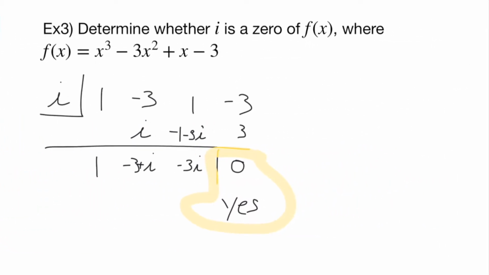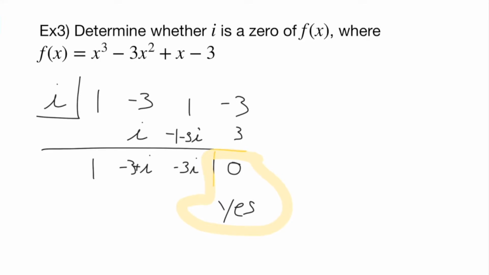Determine whether the imaginary number i is a 0 of f of x. This synthetic substitution works along the complex numbers also. Check it out. It's the same process. Don't freeze up just because you see an imaginary number. The process is still the same.